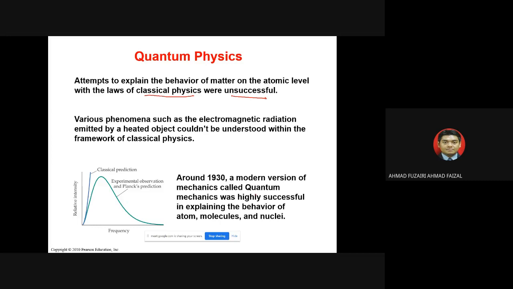A version of mechanics called quantum mechanics was highly successful when explaining the behavior of atoms, molecules, and nuclei.